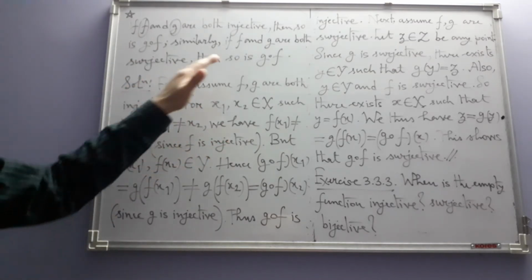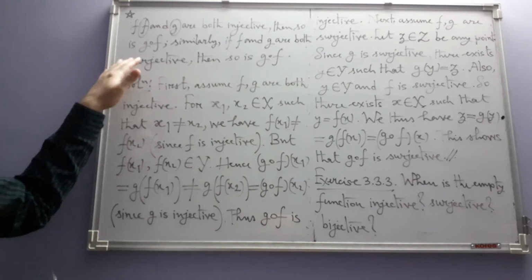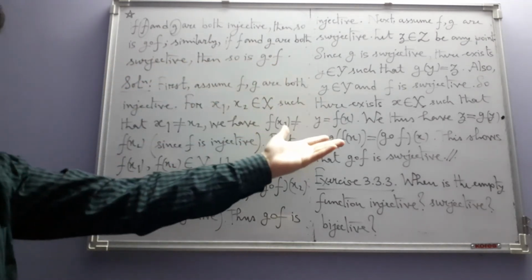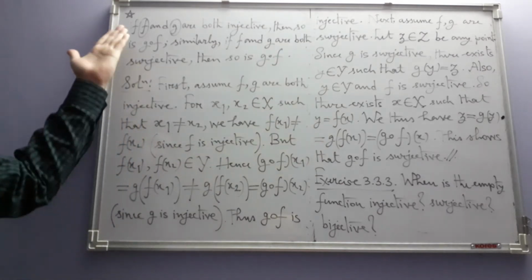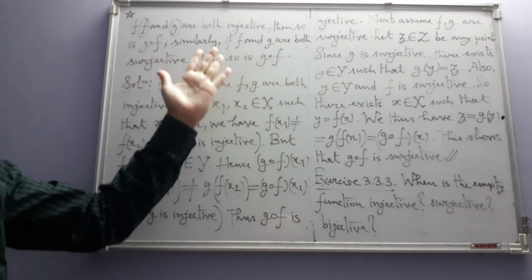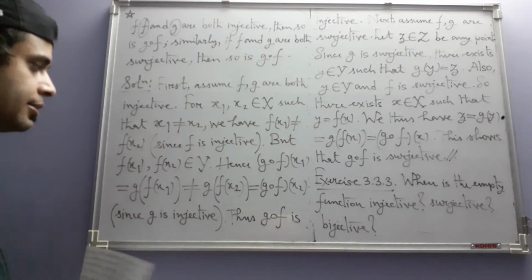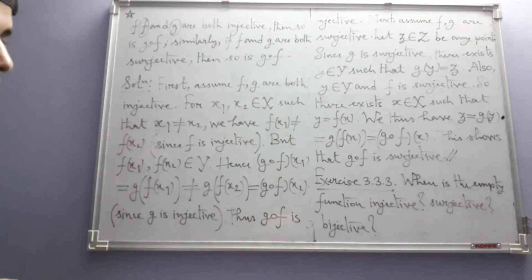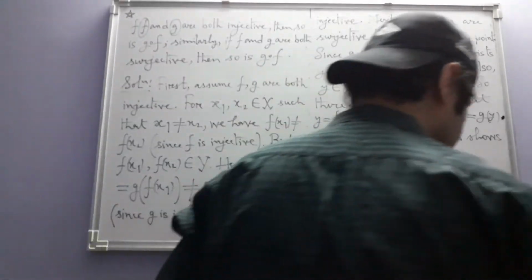So keep that conclusion in mind. We have not mentioned that here explicitly, but it comes about as a consequence of this, that the composition of two bijective functions is bijective. And that just is a simple conclusion of this exercise. Now we solve this, the third one.